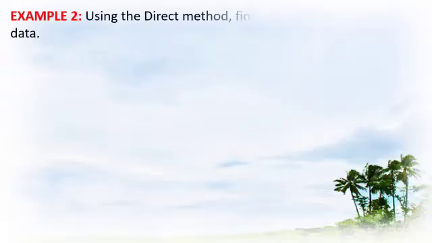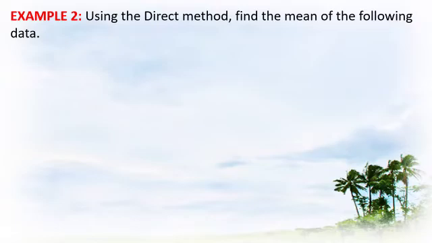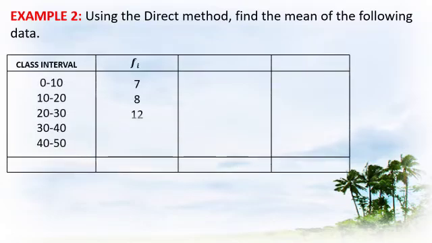Now, let us take another example. Example number 2. Using the direct method, find the mean of the following data. Here, the data is given. So, first of all, we will find the class mark of each class interval. First class interval 0 to 10. Its class mark is (10 + 0) divided by 2, that is 5.